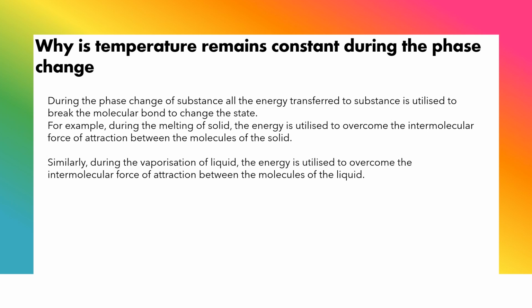Similarly, if there is a liquid and now that liquid is vaporizing at boiling point, the bond between the liquid molecules is getting weaker and weaker, and all the energy given to the liquid is utilized to weaken the bond between the liquid molecules so that the vaporization can take place. So this is the reason there is no change in temperature, because all the energy is getting utilized to break the bond.